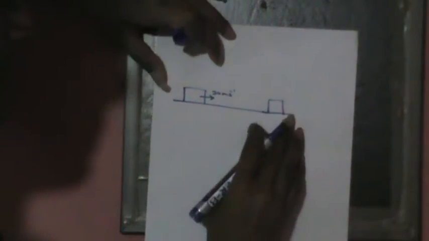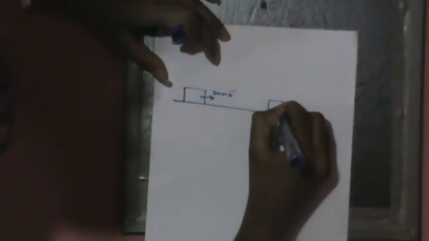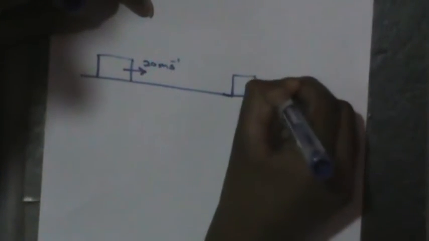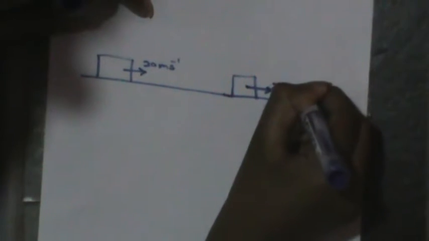You know that the velocity is the same here, 20 meters per second, right? This is the horizontal motion. The object moves from here to here in a horizontal way.